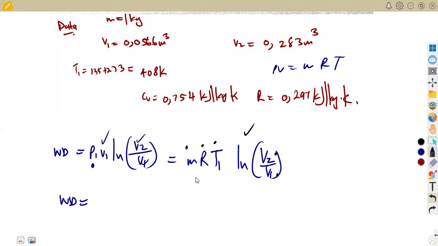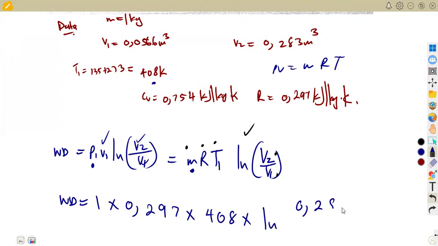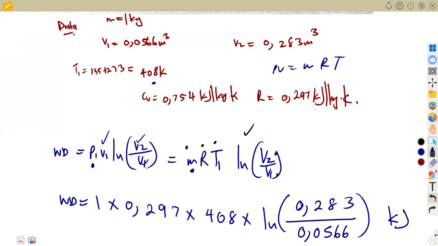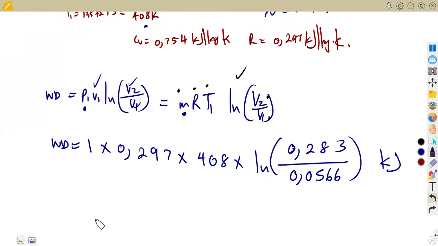So the work done from the second formula is going to be the mass of 1 kilogram times R, the gas constant, which is 0.297, times T1, initially that is 408, times the ln of V2, which is 0.283, everything over V1, which is 0.0566. So this automatically gives you the work done in kilojoules.